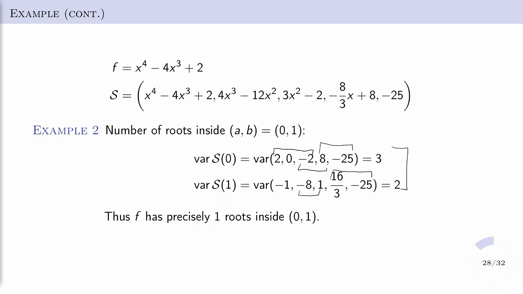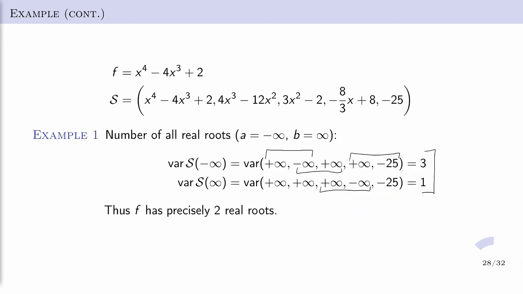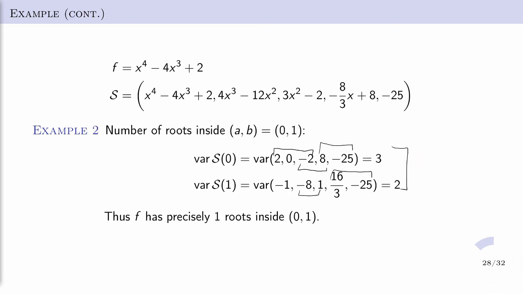So we know that f has two real roots, and now we know that inside 0, 1, f has just one root. So one other root is somewhere outside 0, 1. In fact, comparing this result with the previous result, we see that at minus infinity we have three sign changes. At 0 we still have three sign changes.